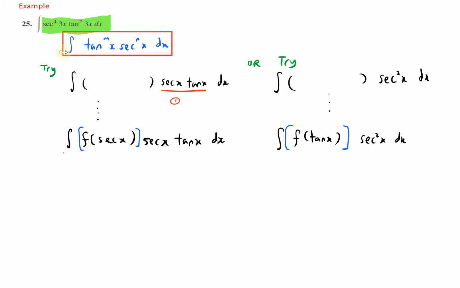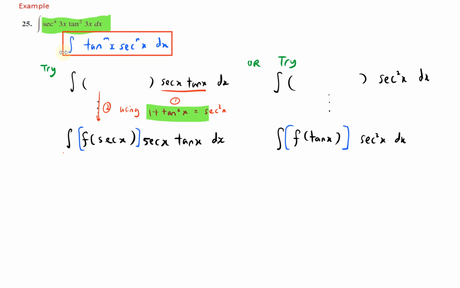Then whatever inside here, you simplify to get a function of secant x using your Trigo identities: 1 plus tangent square x equals secant square x. So that is the approach.